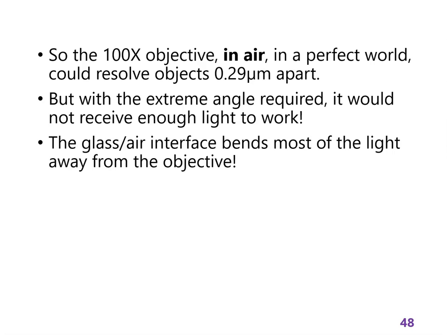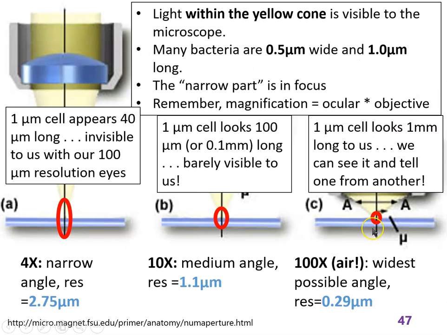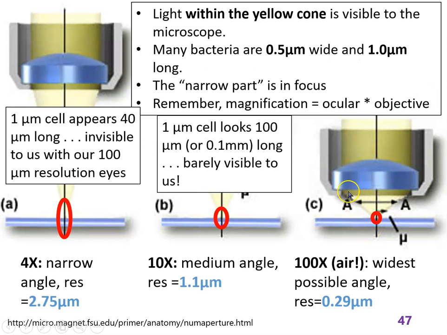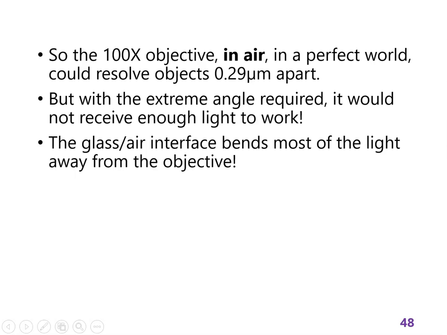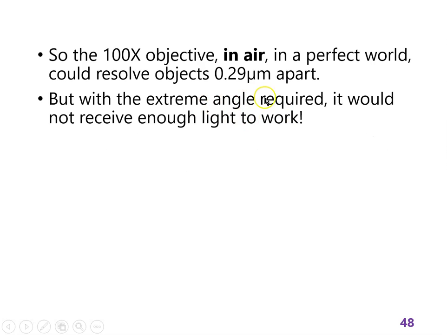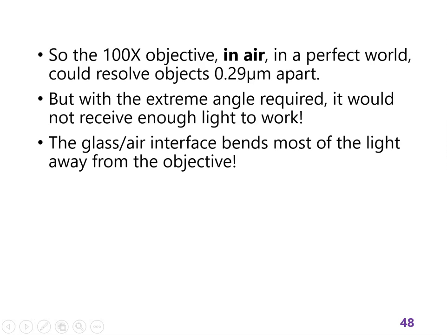With that extreme angle, so again, that extreme angle, typically not enough light actually gets in, and so you have to use oil, or else it's too dark to see your sample. And the problem is that the interface between the glass and the air bends the light.